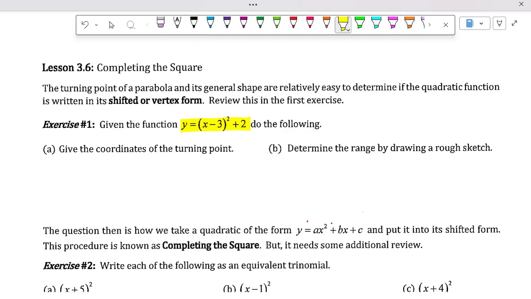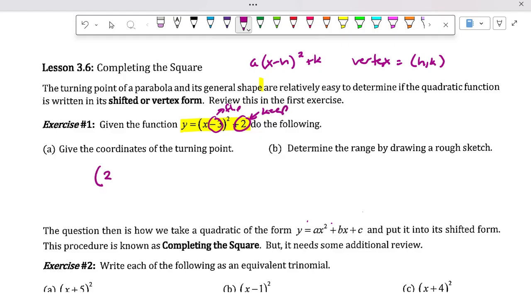What's the vertex? Owen. Not 3, -2. You're close. It's 3, +2. So remember, your vertex is always, if you have a x minus h squared plus k, your vertex is equal to hk, meaning you flip this sign, keep this sign.